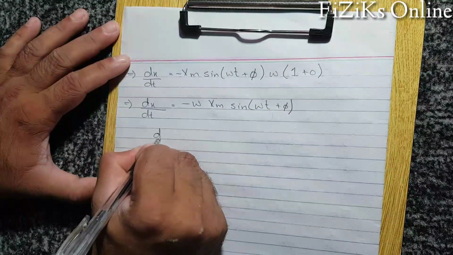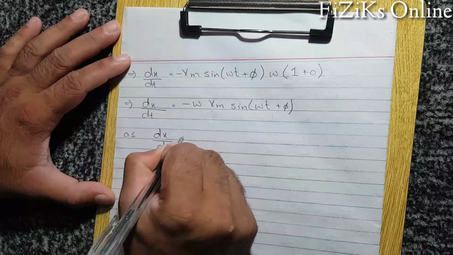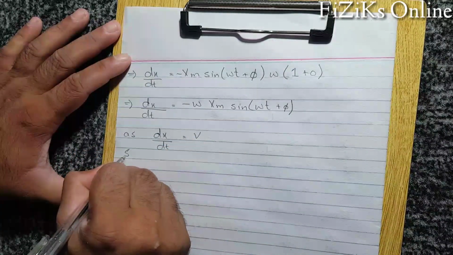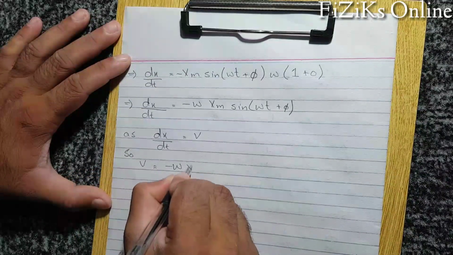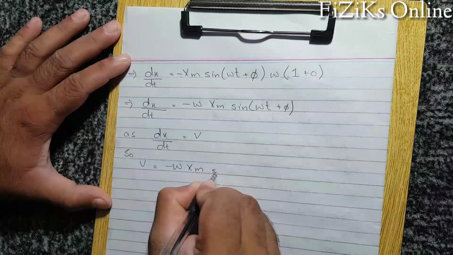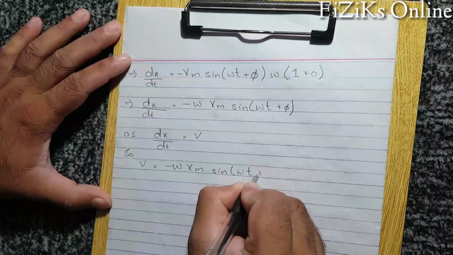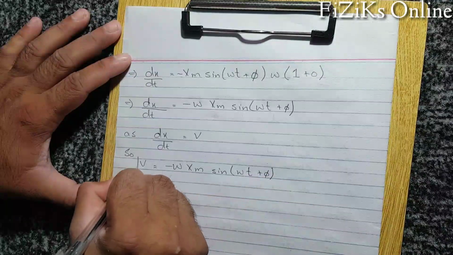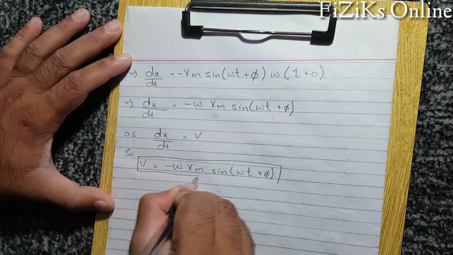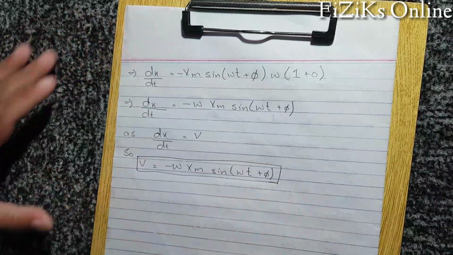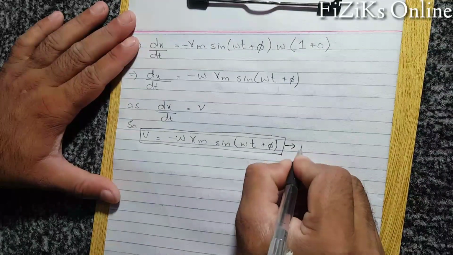We know dx by dt equals v, so v equals minus omega xm sine(omega t plus phi). This is the equation for velocity. We will name it equation B.